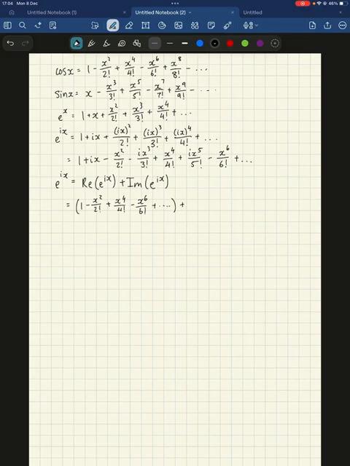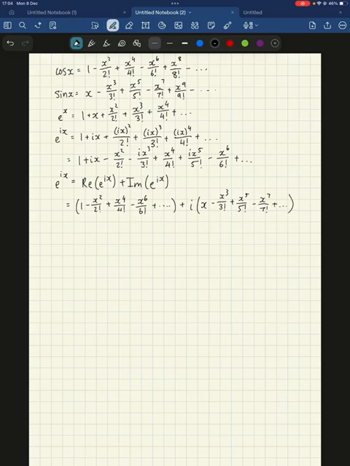Now the imaginary part, because they all contain an i, we can just factor that out. So if we factor out the i, what we're left with is x minus x cubed over 3 factorial plus x to the power of 5 over 5 factorial minus x to the power of 7 over 7 factorial, and so on.